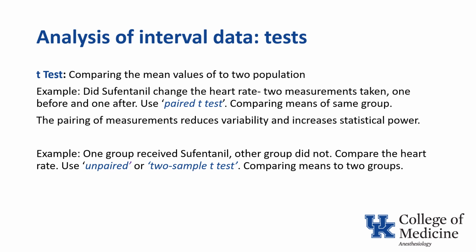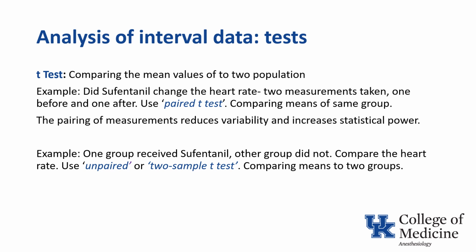So now you have 2 data sets from the same patient. In this situation, we use a paired t-test to compare the means of these 2 data sets that are coming from the same patient. So the pairing of measurements in this instance reduces the variability and increases the statistical power of the test. So that is one application of paired t-test.